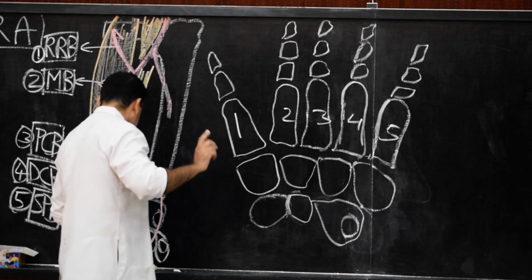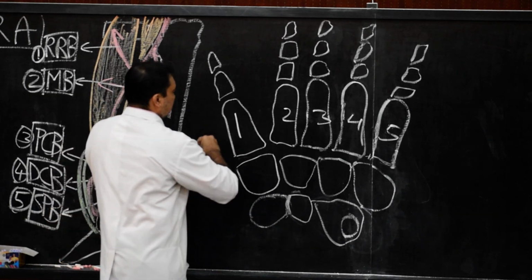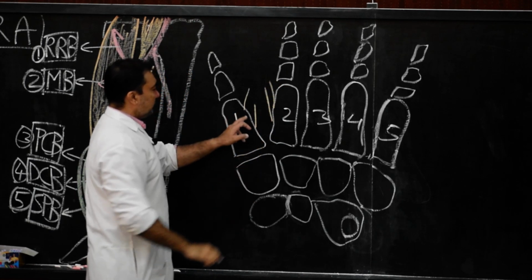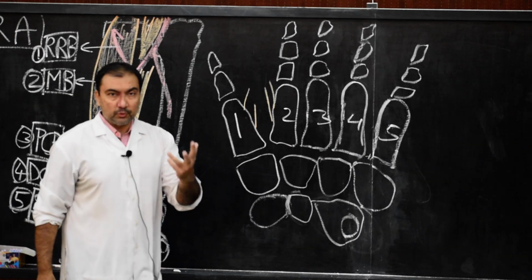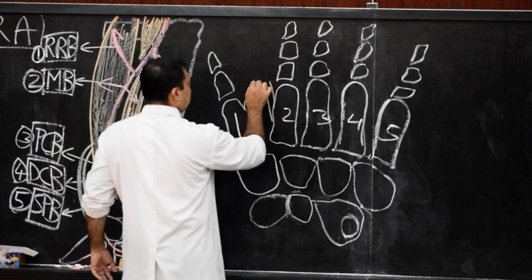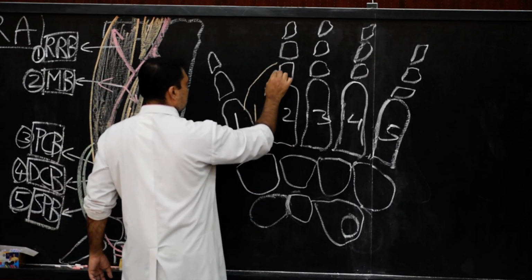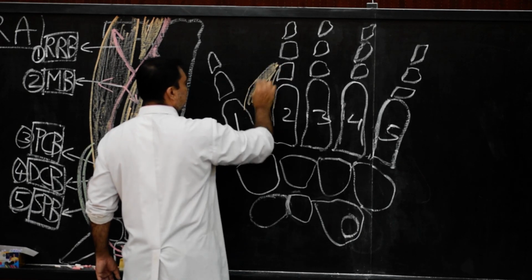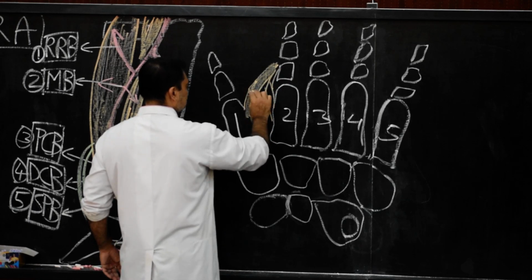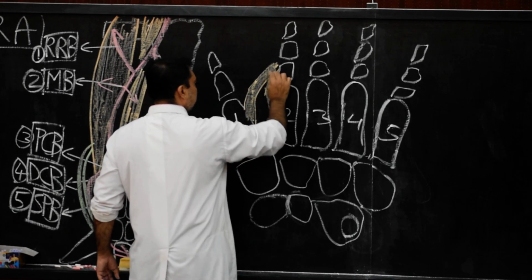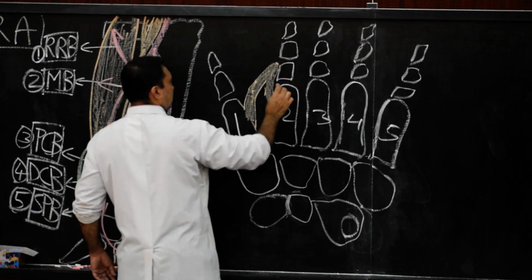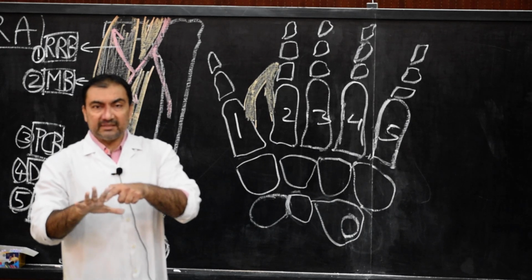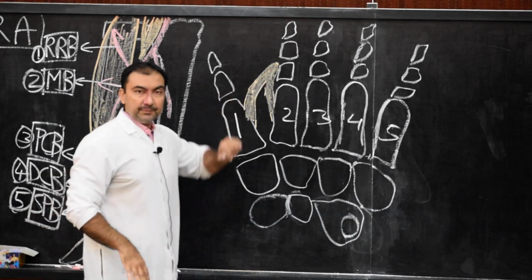On the dorsum, the first dorsal interosseous muscle always takes origin from the adjacent sides of the first and second metacarpal bones. It has two heads, and it will be inserted always on the radial side of the second digit, at the level of the proximal phalanx.